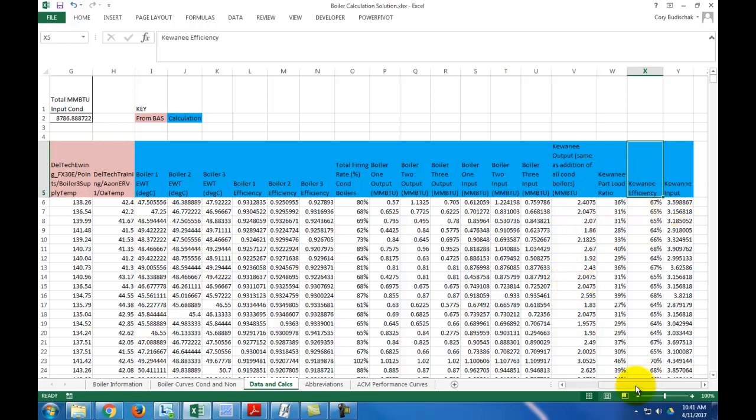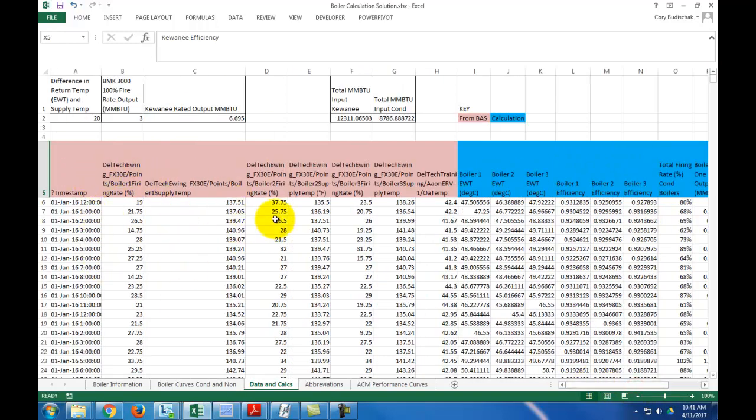And then it's as simple as doing this for every single hour of the year. So this is the TMY3 data for Wilmington, Delaware. Or actually, no, this is actually real data from the building management system. So we do this for every hour of the year, and then we sum it up to get our total MMBTU usage.